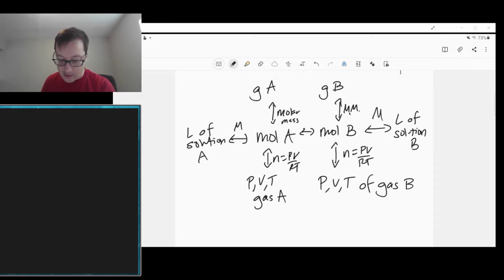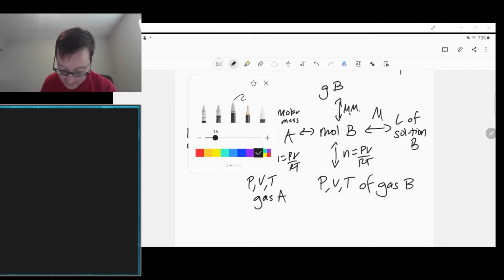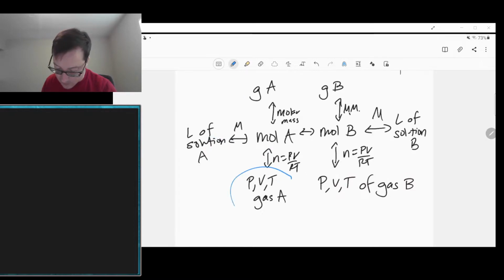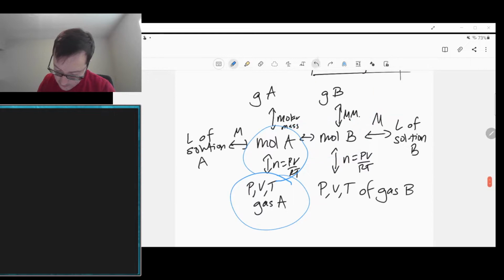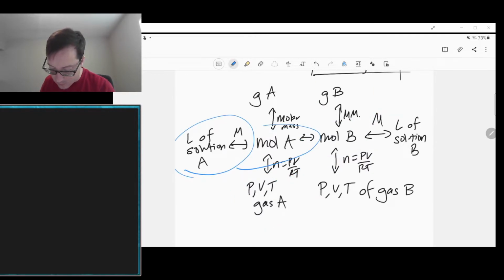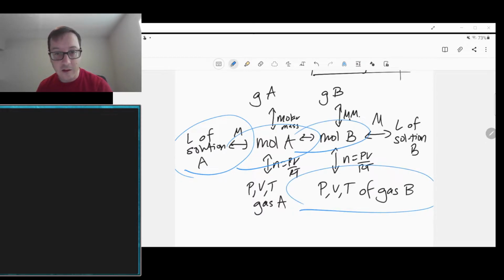So we can start at what we did in this last case with the ammonia. We started here, we then went to moles, and then we went to grams. So we zigzagged up this chart. I could start with liters of solution, go through moles, and then I could ask for the pressure of a gas or something.